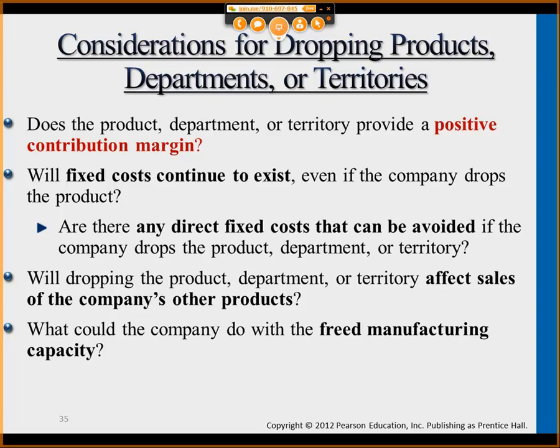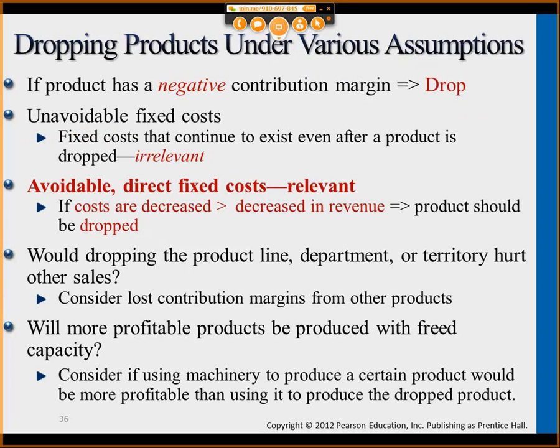So that brings us to the next discussion. How do we decide whether the product provides a positive contribution margin or not? Because when we're talking about dropping the product, there are different circumstances that might be causing the negative income, right?